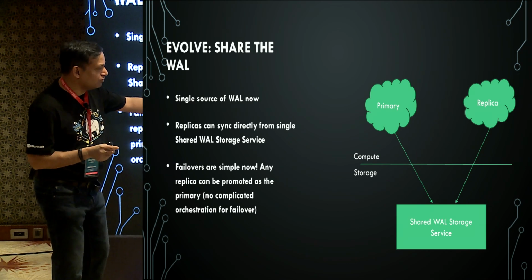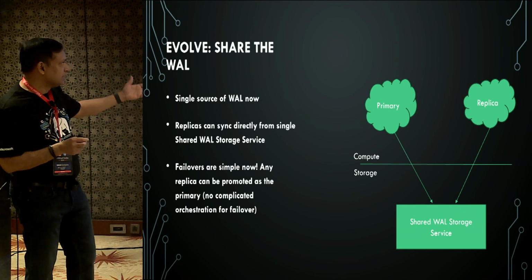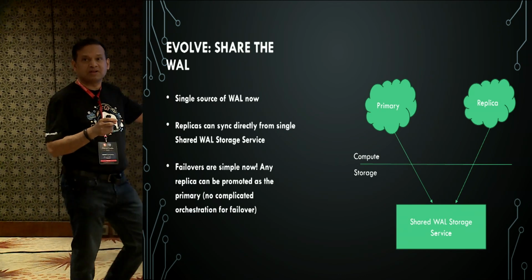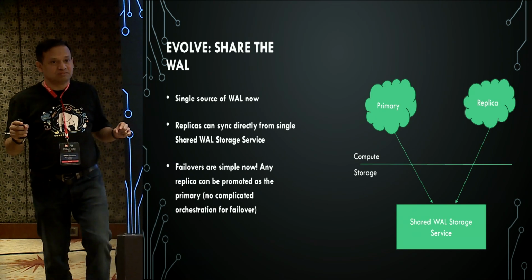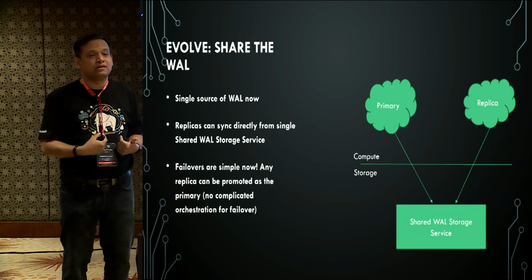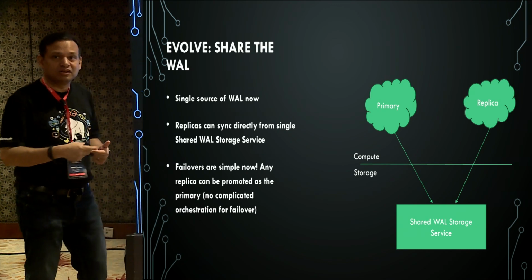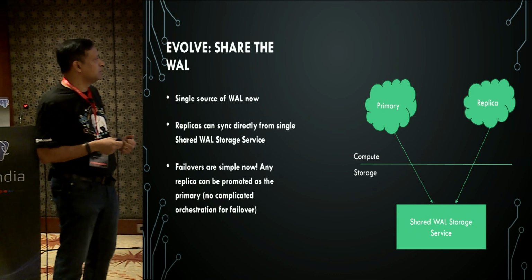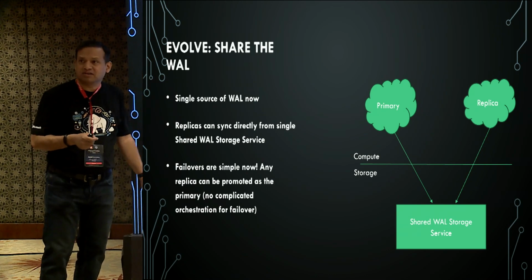So if we can have a shared WAL storage service, then all the nodes in the system have a single source of WAL. The primary node and the multiple replica nodes have access to the same shared WAL storage service, and they can just apply it locally on themselves. This also maybe makes failover simple.